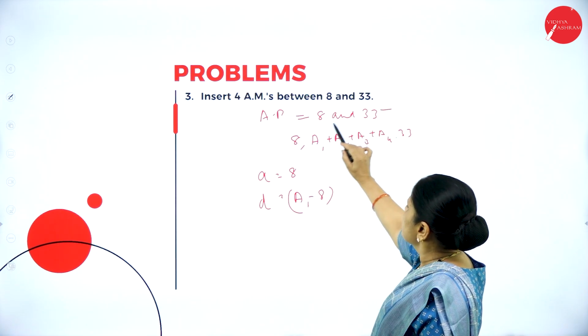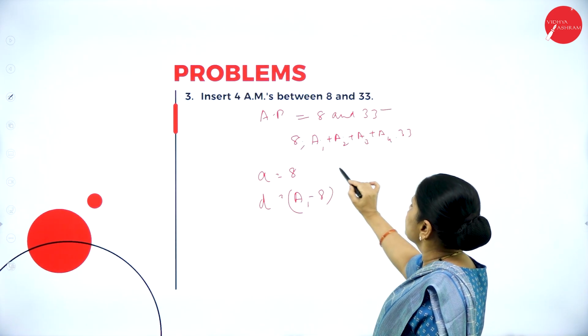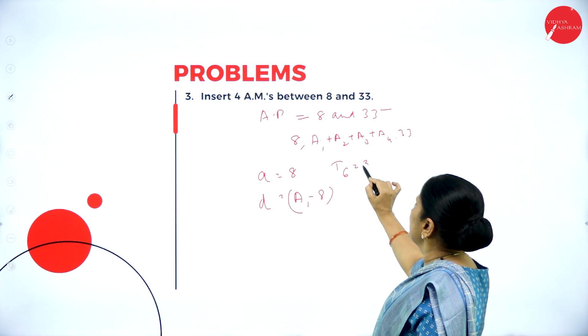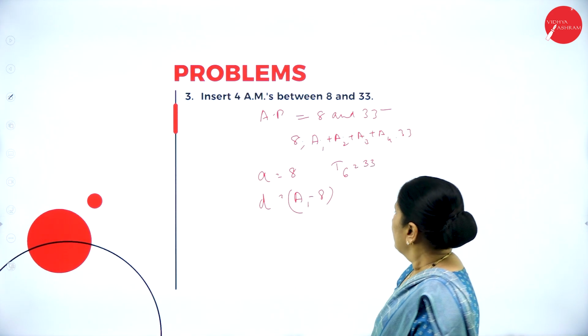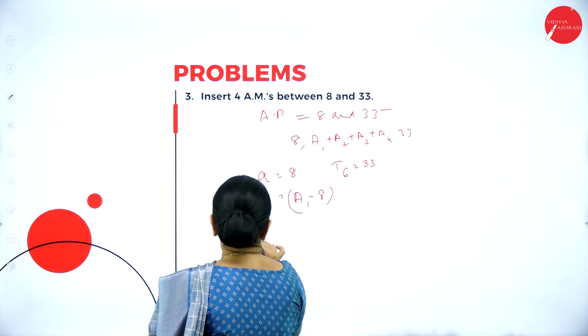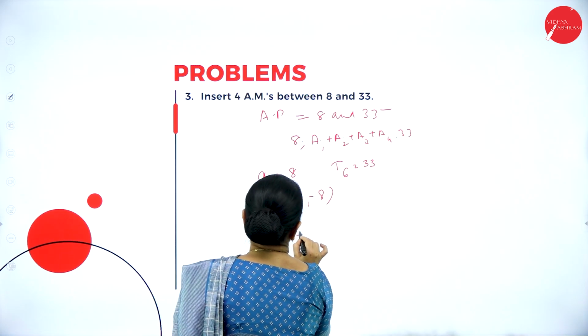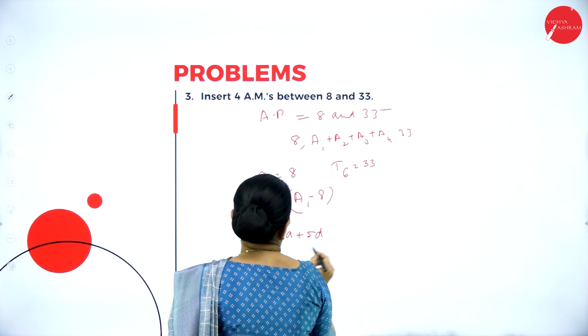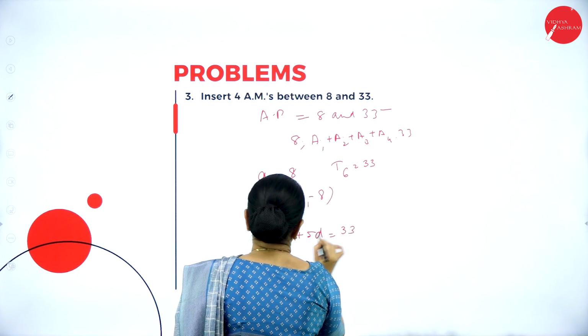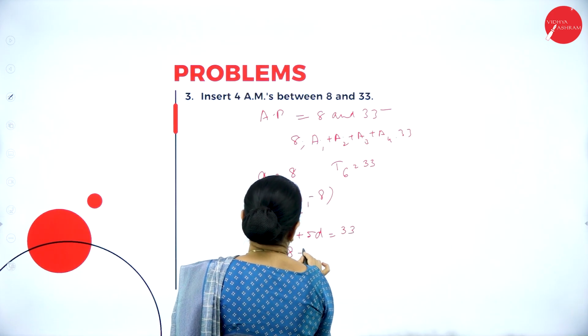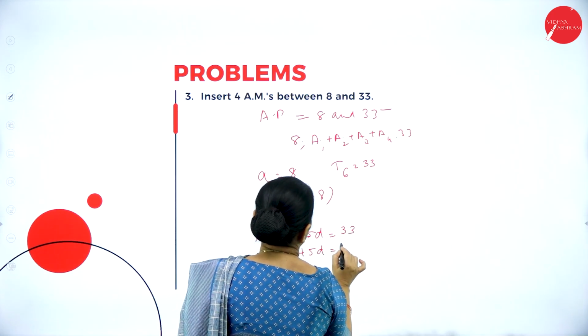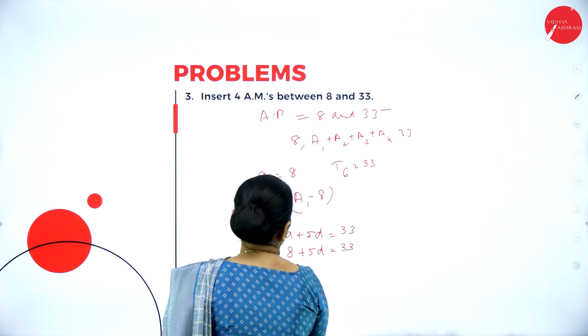Now we have the sixth term, 1, 2, 3, 4, 5, 6. T6 equals 33. Now T6 equals A plus 5D, equals 33. Now what is A? 8 plus 5D equals 33.